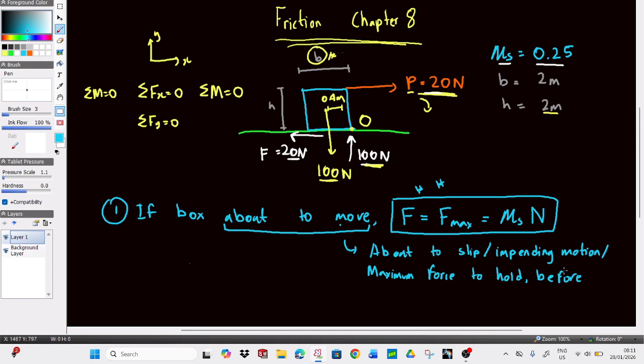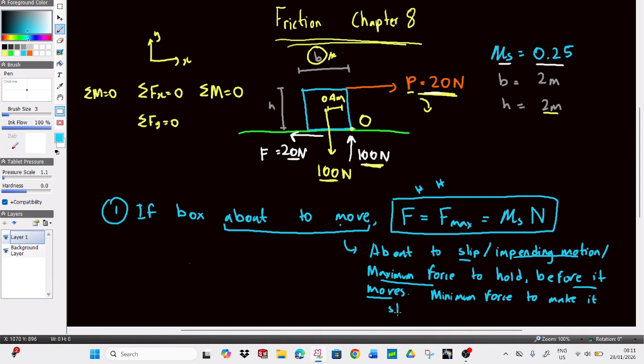But if they explicitly state phrases like this, about to slip, impending motion, or maximum force to hold before it moves, or maybe they can say minimum force before it slips, minimum force to make it slip, okay.